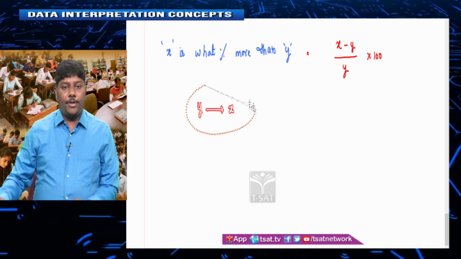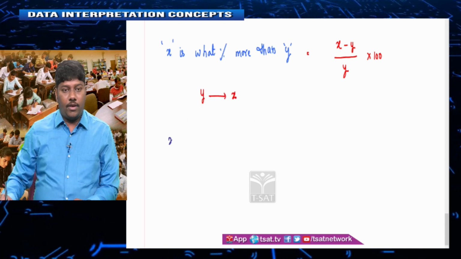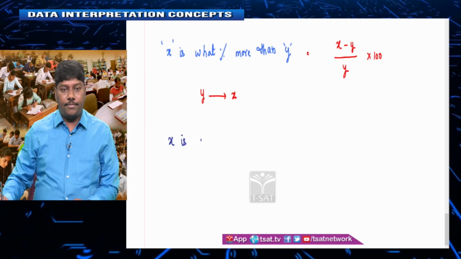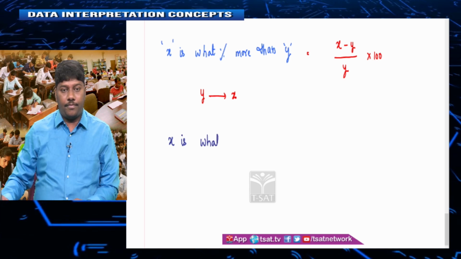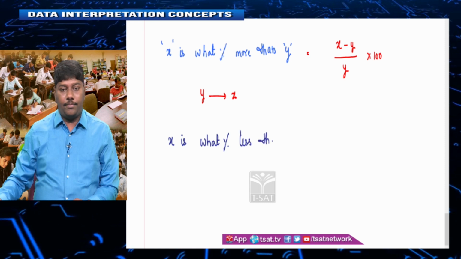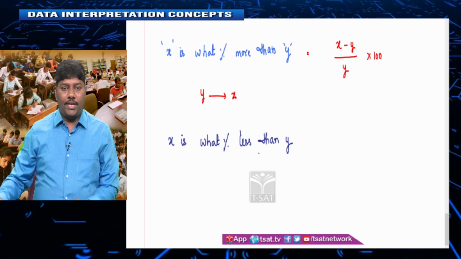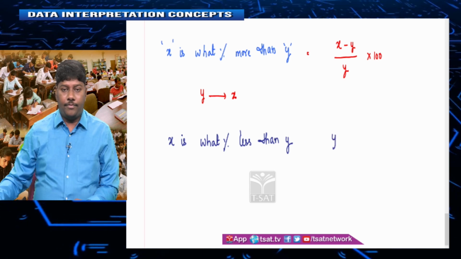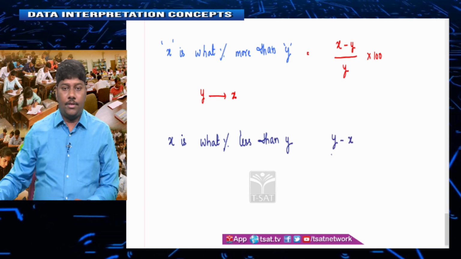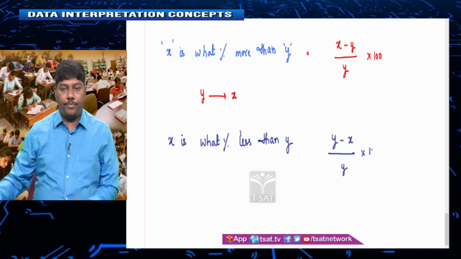If I say X is what percent less than Y, then you can say X is lesser than Y, therefore Y is greater, Y minus X, but again you are comparing it with Y, into 100.